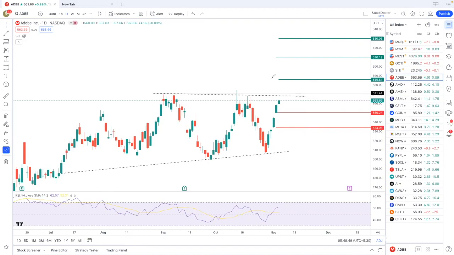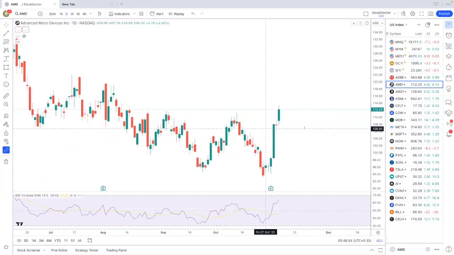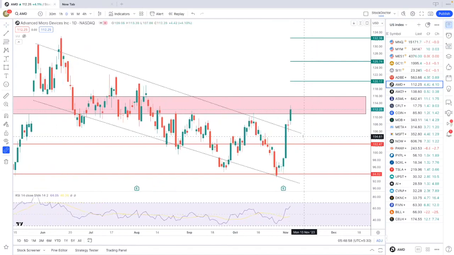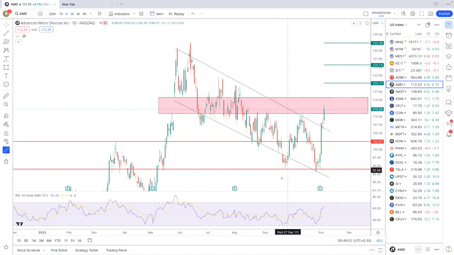Let's start the next stock, that is AMD. For AMD, you can see it has given a very good upside. If you guys remember, I mentioned that AMD has very good support around 94 and 102.